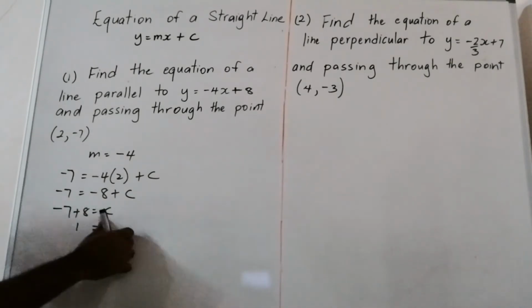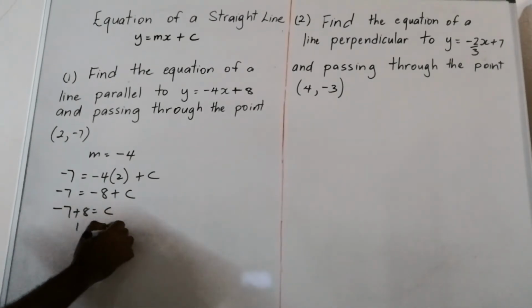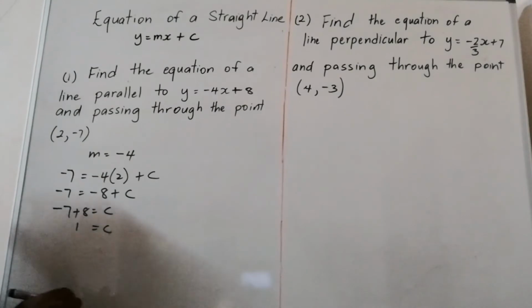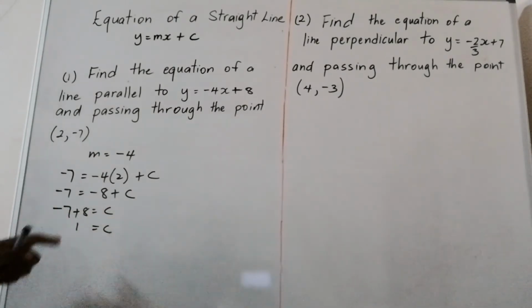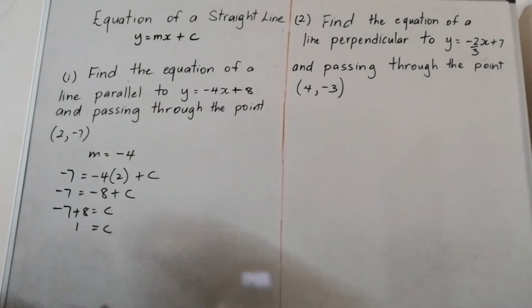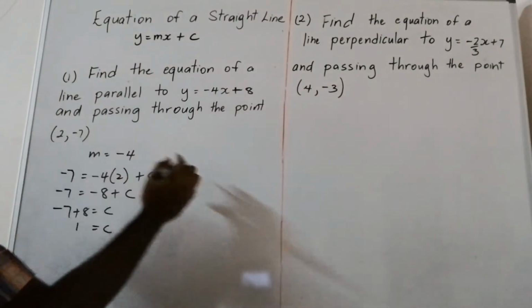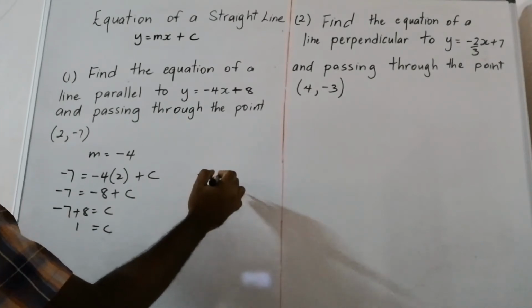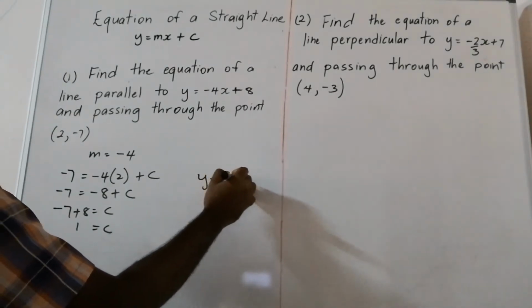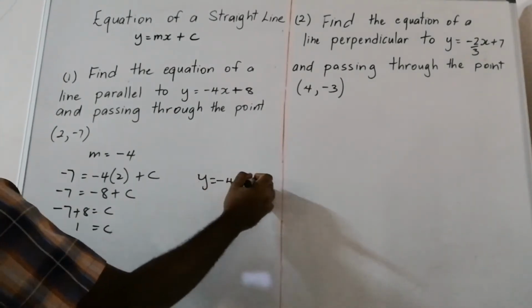So it passes through the y-axis at the point 1. Therefore, the equation of the line parallel to this and passing through this point will be y is equal to the same gradient, minus 4x plus 1.